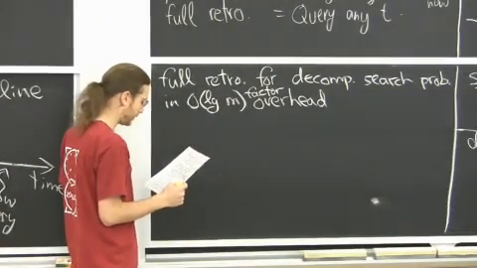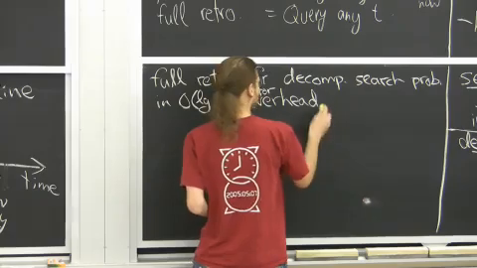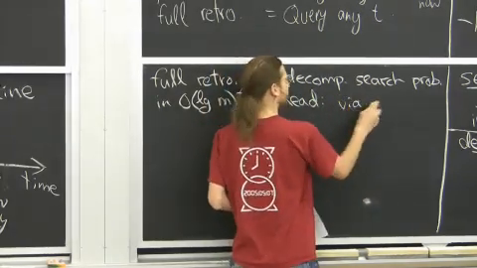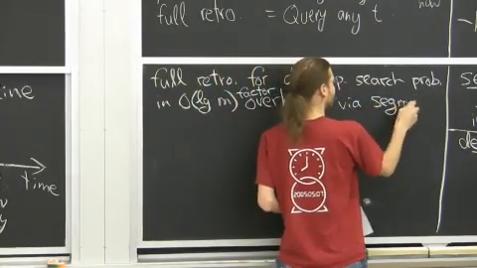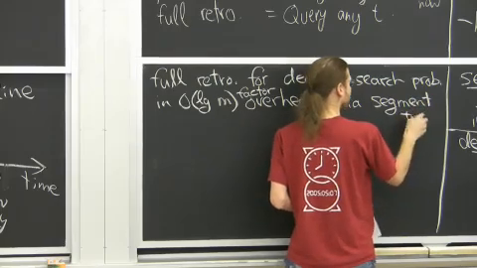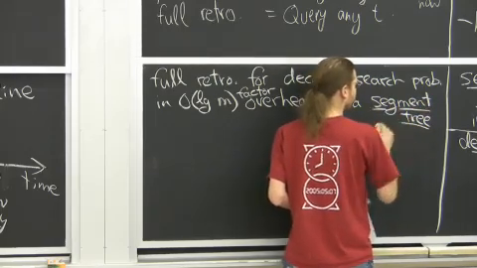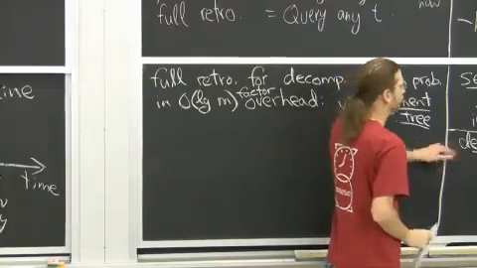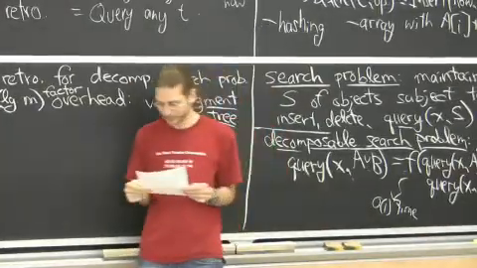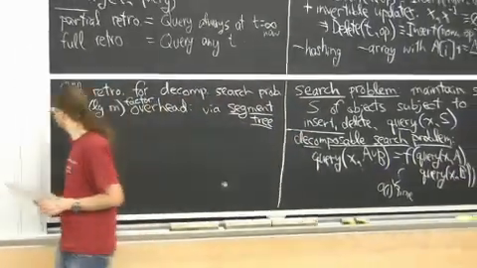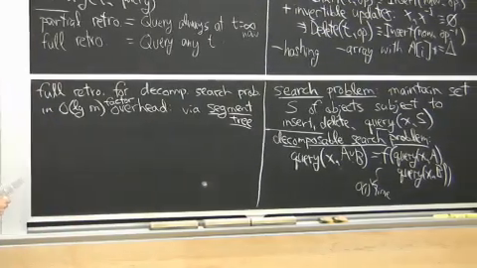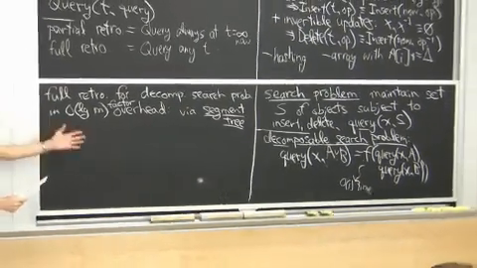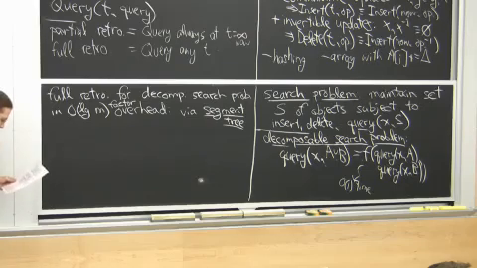Okay, we're going to do that via something called a segment tree, which was introduced in the same paper that dealt with decomposable search problems, by Bentley and Saxe in 1980. They weren't thinking about time travel, but retroactively their result is useful.